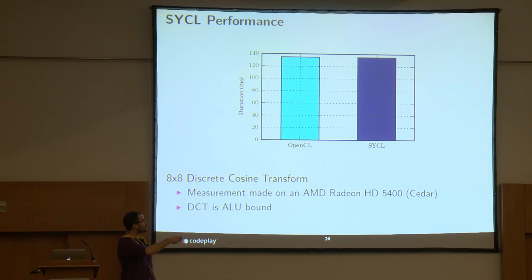So using our compilers, I'm compiling the SYCL down to SPIR and giving it at runtime to the SYCL runtime for execution. I've taken the OpenCL code, compiled it down to SPIR as well, and given this to the OpenCL runtime for evaluation. We roughly have the same performance. So we don't have any overhead from this point of view.